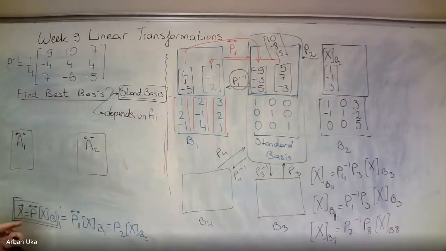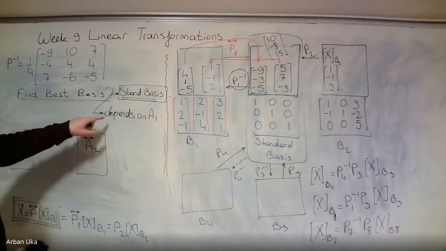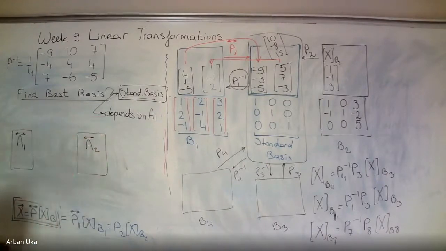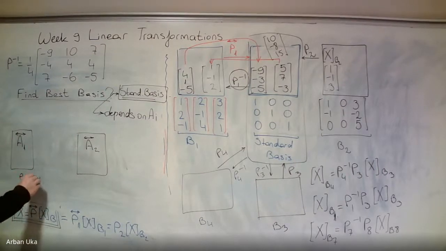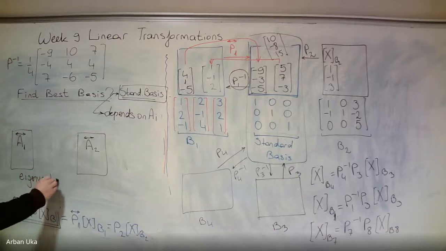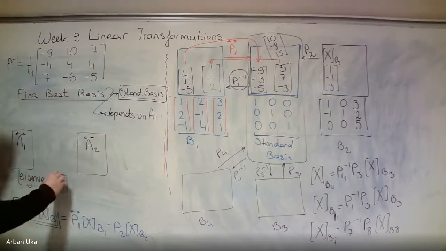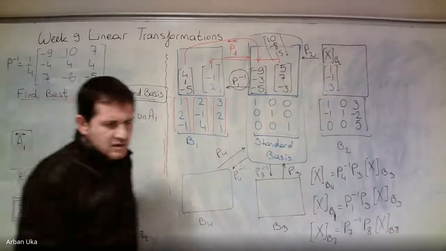And the next journey of ours is we have to find this best basis. And for this, we're going to very soon talk about the eigenvectors. I know that we have not started eigenvectors yet, but this is a very good point.